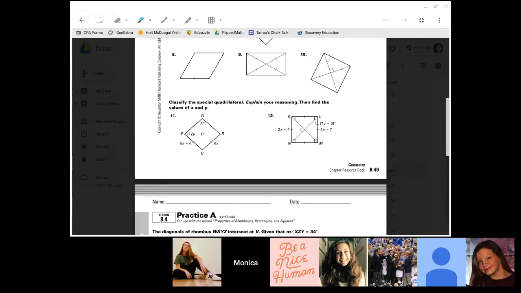So 29 is a little bit tricky. On the worksheet, all of the ones are either rectangle, rhombus, or square. So what are you explaining number 29 as on the bookwork?